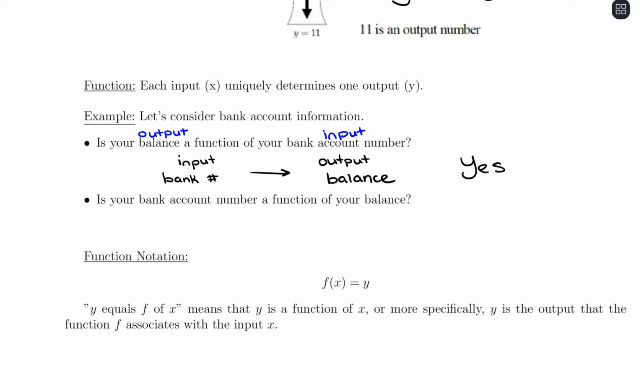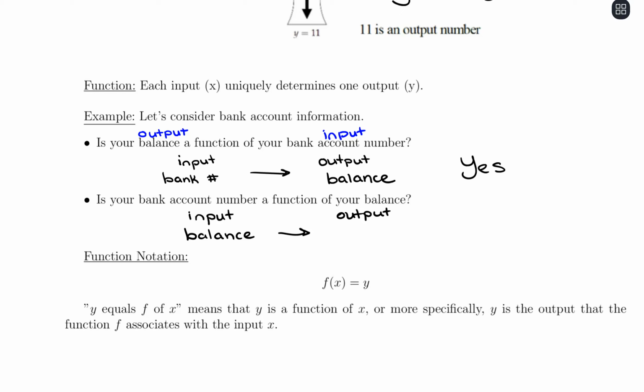The second scenario: is your bank account number a function of your balance? So this is switching the idea of input and output. What this is saying is, what happens if our input is the balance? What would we get as the output? First off, the way ATM machines and things operate, they're not going to ask us for the balance of our account. That's just not how it works. And that's because people can have the same balances for their accounts.